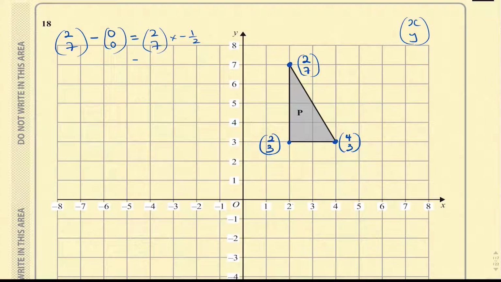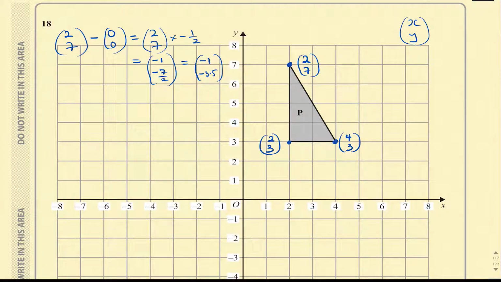And that becomes 2 over 2 minus, so that'll be -1 and -7 over 2. Then we're supposed to add the center of enlargement, but because it's (0, 0), it has no effect. So it will be (-1, -3.5).